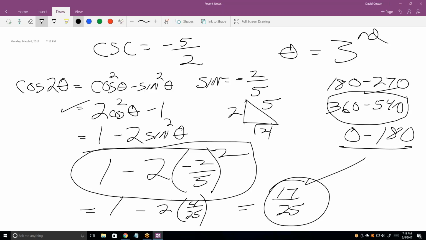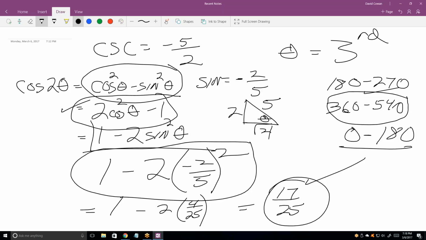So I could go through the same analysis and figure out that the cosine of theta is root 21 over 5. And then I could use this formula if I wanted, or this formula, because now I know cosine and sine. But if I use this third formula, I don't have to figure out cosine. Right.